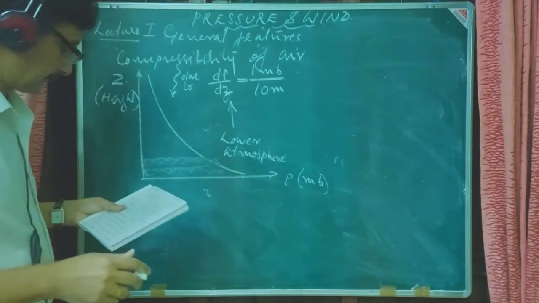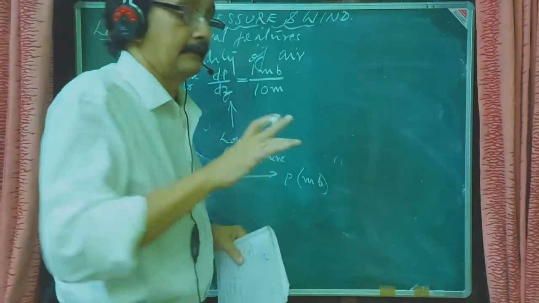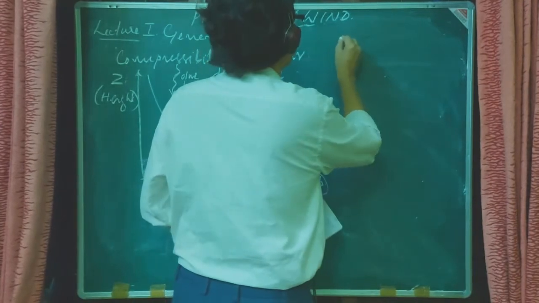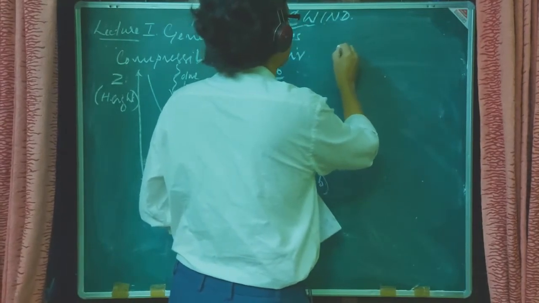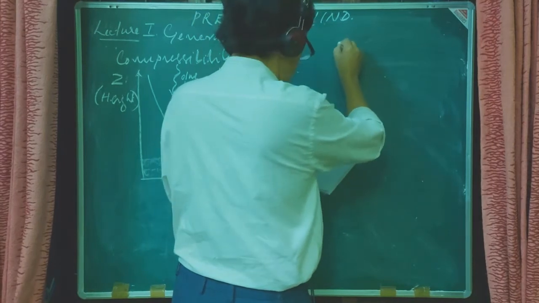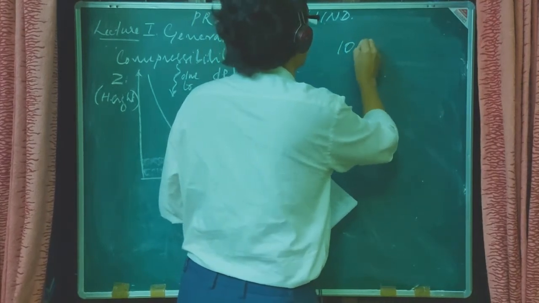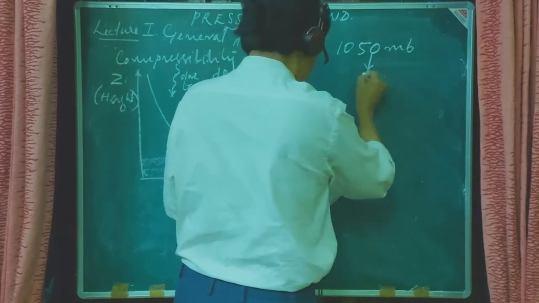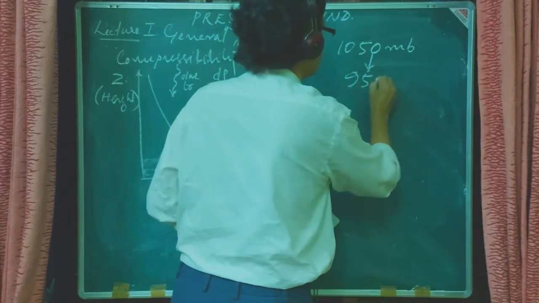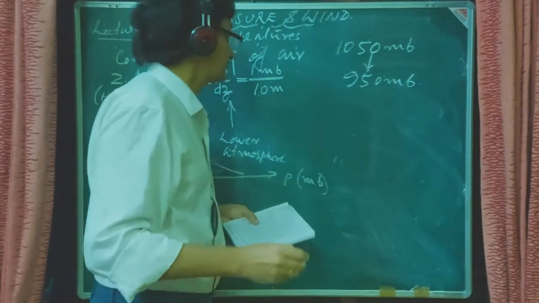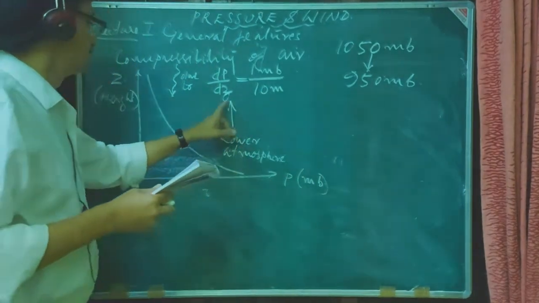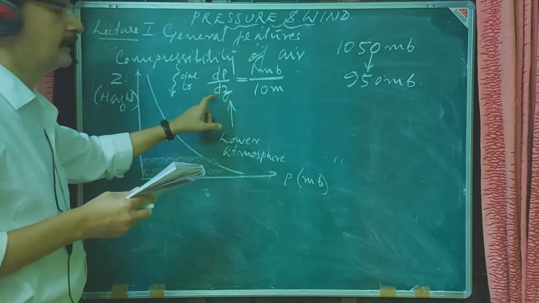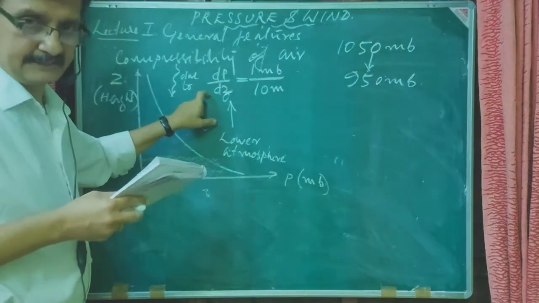Okay, so this is the structure, and this structure is attributed to the compressibility of air. And globally, if you see the horizontal variation of pressure or sea level pressure, it may range on an average from 1050 millibar down to around 950 millibar. No doubt the very dominant variation is in dP by dZ.